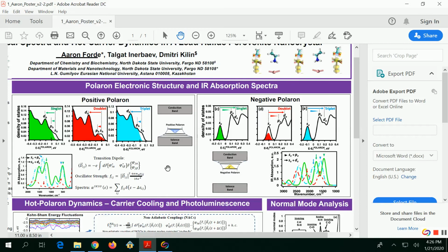I guess the main takeaway from this is that the singlet and triplets are bright, whereas the doublet is basically dark. That's due to the occupation numbers. For the doublet, the lowest energy is twofold for each band.